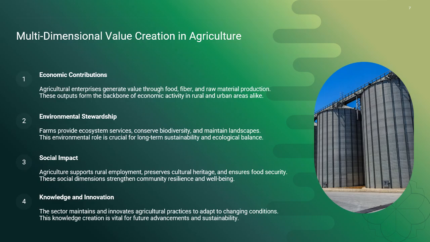This knowledge creation is vital for future advancements and sustainability, ensuring that agriculture can continue to meet society's needs under changing circumstances. Successful agricultural business models recognize and integrate all four of these value dimensions, creating enterprises that are economically viable, environmentally sustainable, socially beneficial, and intellectually dynamic.